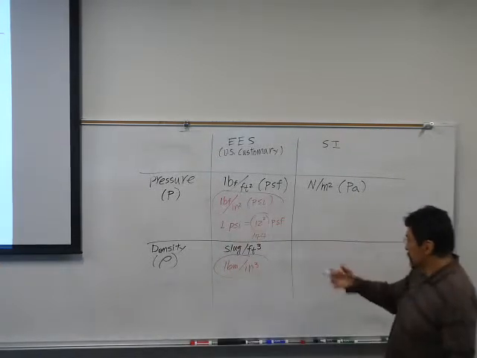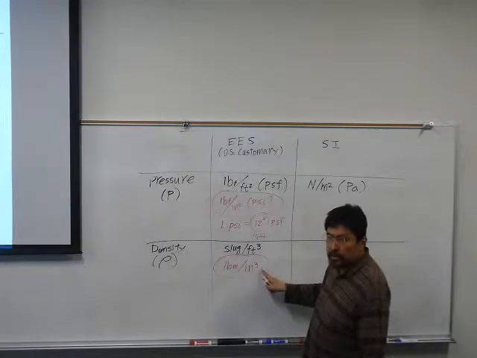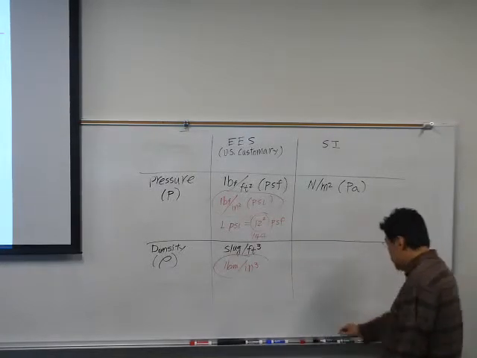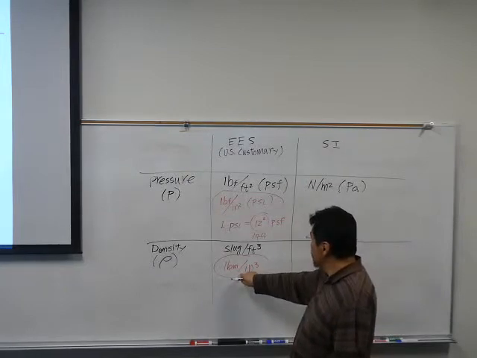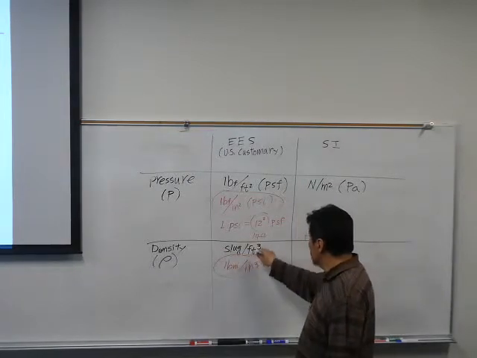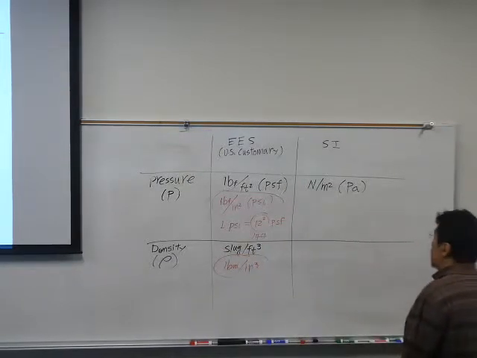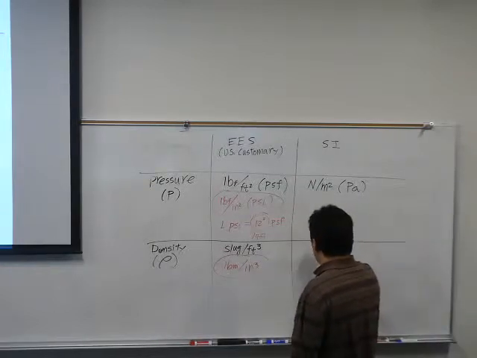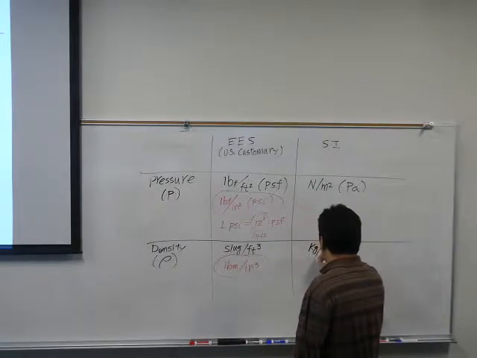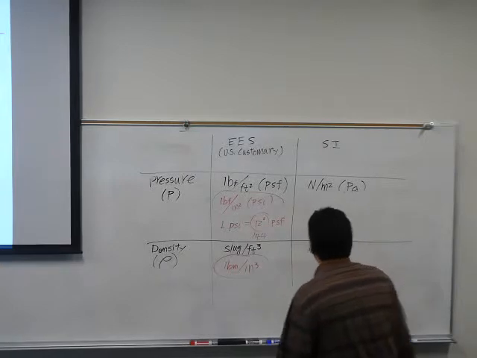The reason is of course this is going to give you a much nicer number. So be careful, this is such a non-standard unit, you have to convert everything to slug and foot. Okay. SI unit, obviously standard is kilogram per cubic meter.